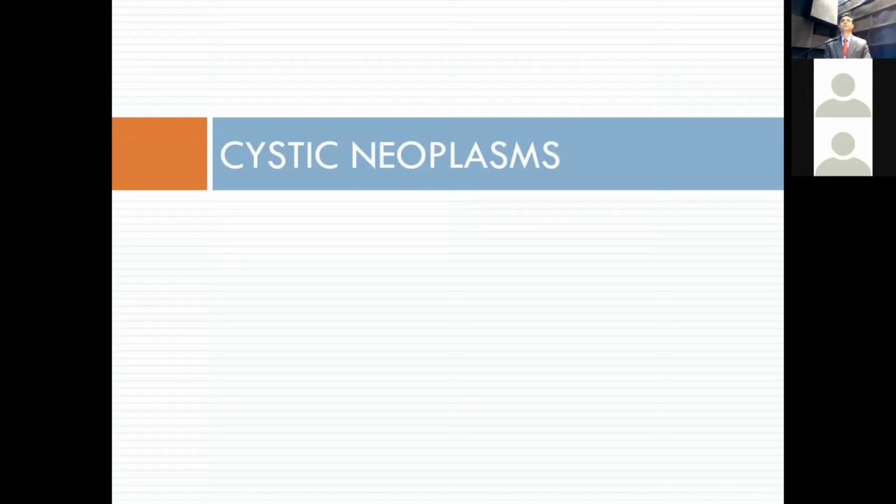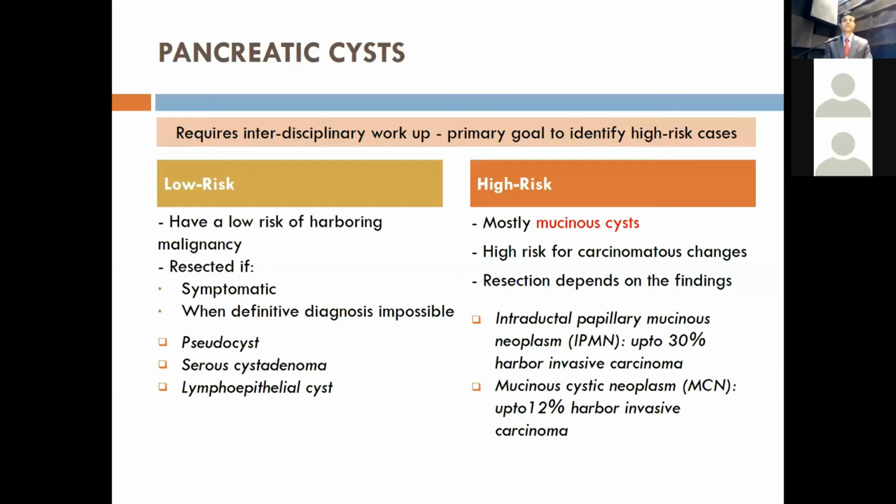From here on, I'm going to present cases of cystic neoplasms of the pancreas. For evaluation of pancreatic cysts, the management and diagnosis of these cysts requires an interdisciplinary workup with the primary goal to identify high-risk cases. The low-risk cysts are typically followed up and are only dissected if the patient is symptomatic or when definitive diagnosis is not possible.